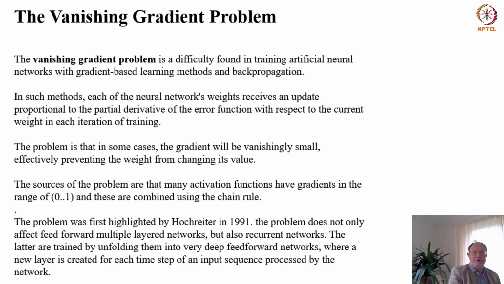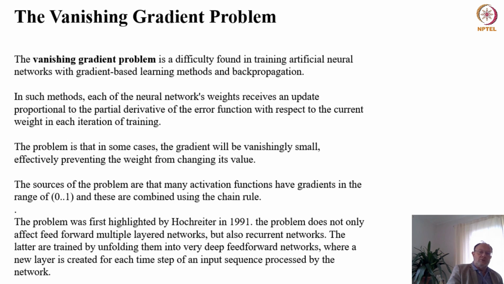The problem occurs because even if individual gradients are not too small in this technique, these gradients are combined using the chain rule. So as a total result, you may end up with a small value.